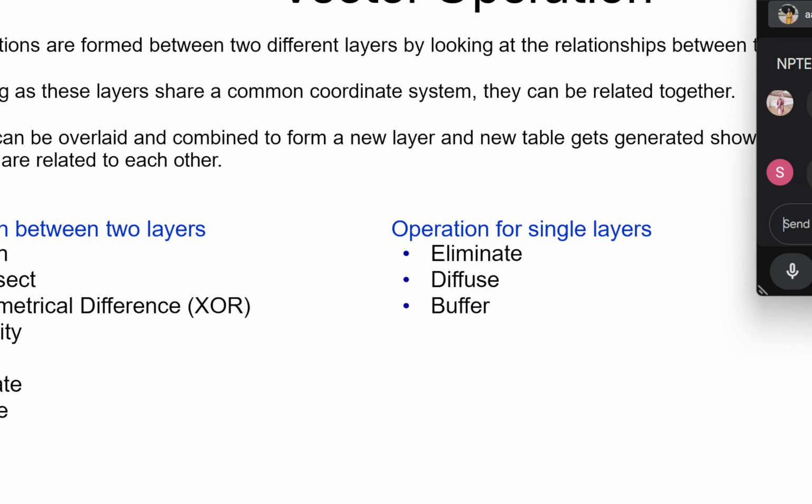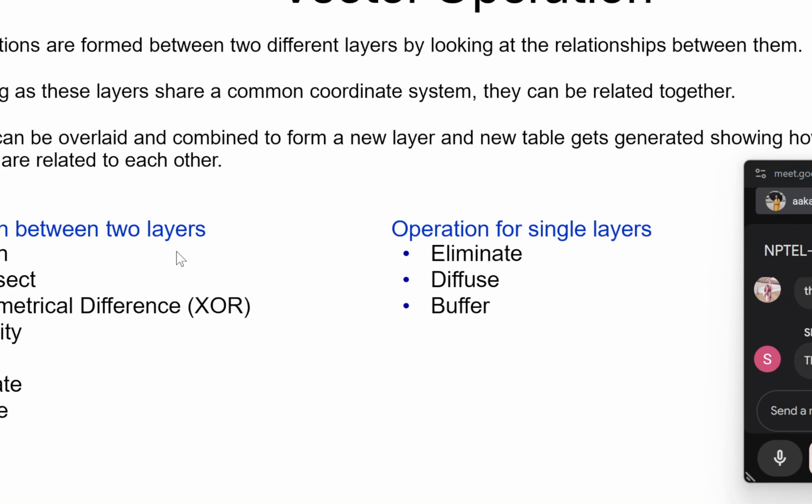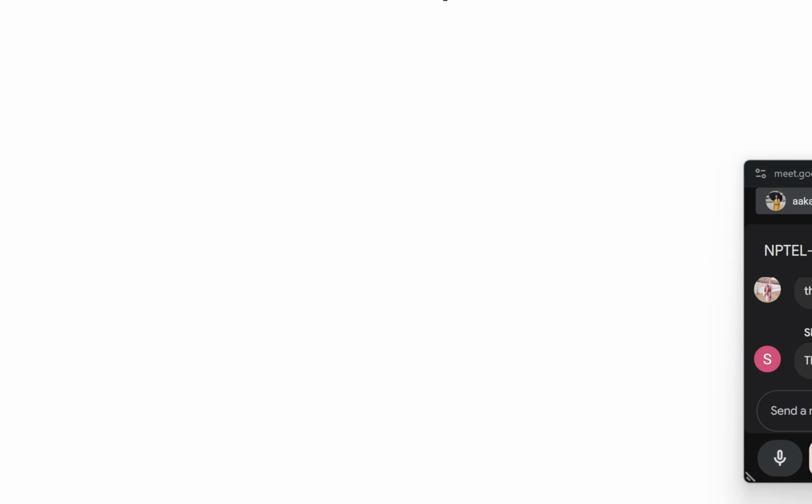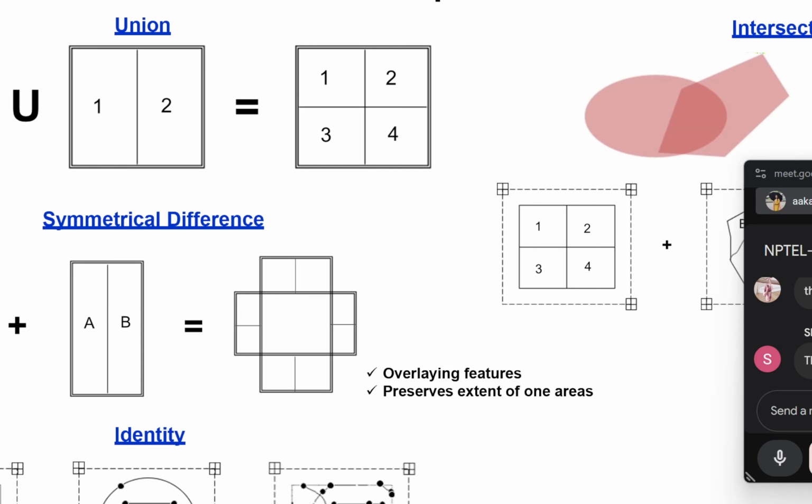There are lots of operations that you can do, like union, intersection, identity, clip. These vector operations are used if you want to merge information of two vectors. Along the way, if we need to do a union operation or symmetric difference or identity, we will see how you can do this in QGIS.